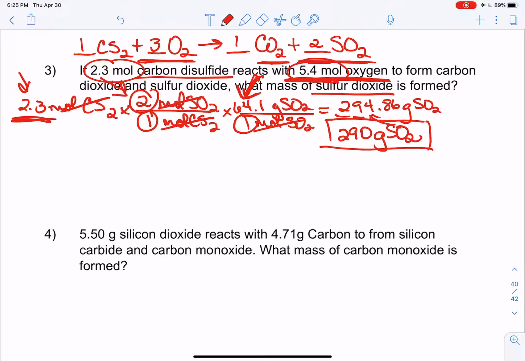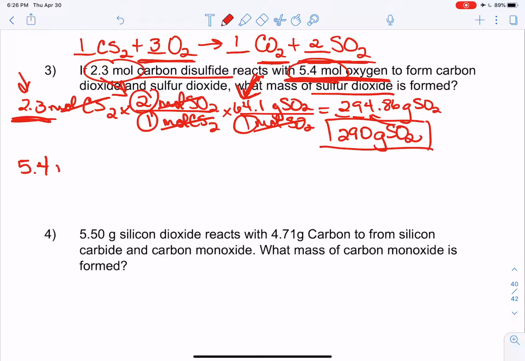So it probably looks to you like the 2.3 moles of carbon disulfide is going to be your limiting reactant because 2.3 is less than 5.4. But let's see if it works out that way, because it doesn't always work out the way we think it's going to work out.